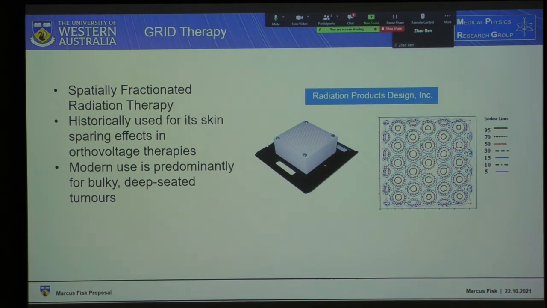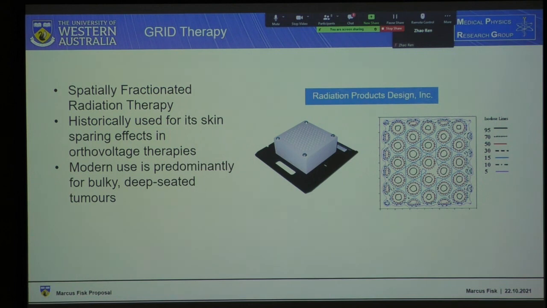An example of a grid used in a modern linac setup for sale by Radiation Products Design is shown here, and the associated isodose distributions are shown. You can see that there are regions of high dose, and surrounding that there are regions of very low dose. Historically it was used for its skin sparing effects in orthovoltage therapies.